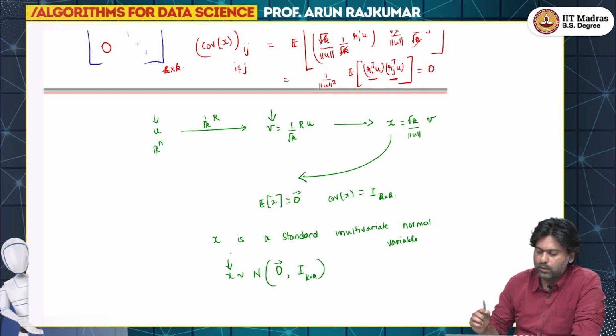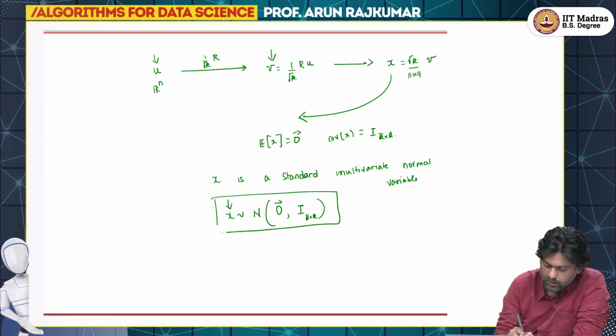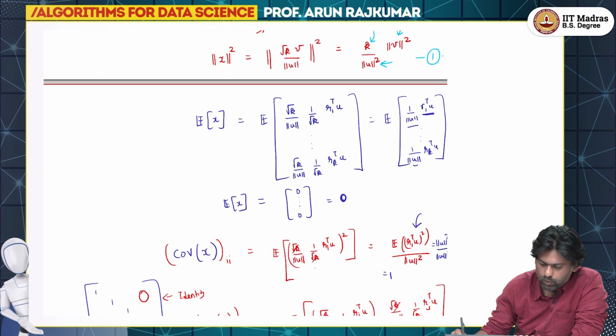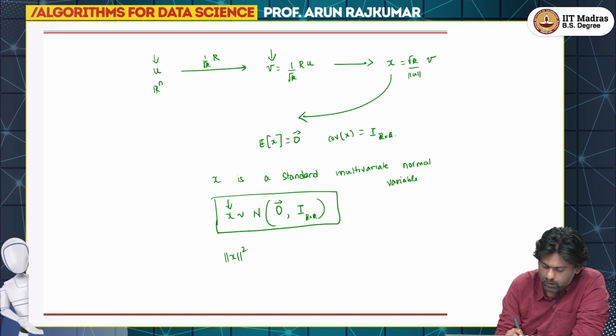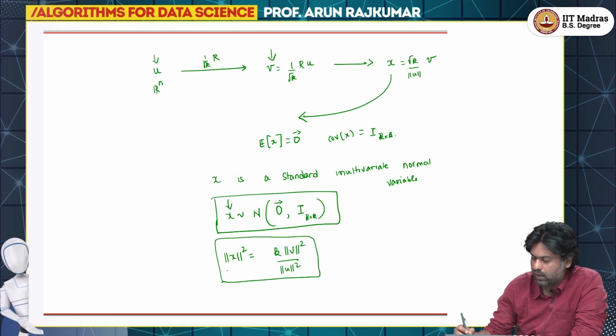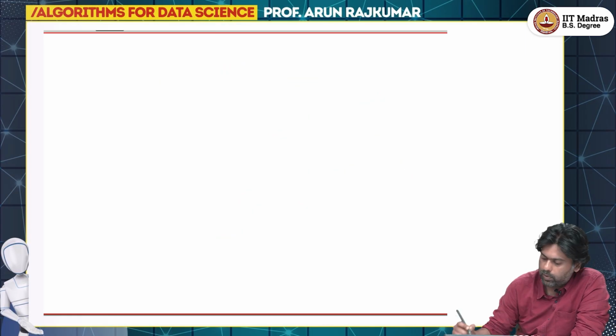So, let's use this now. This is one property of x that we have. The other property, if you remember, that we had put down earlier, is that norm of x squared is just k times norm of v squared by norm of u squared. This is true irrespective of randomness; it just comes from the scaling. So, that is also a property.